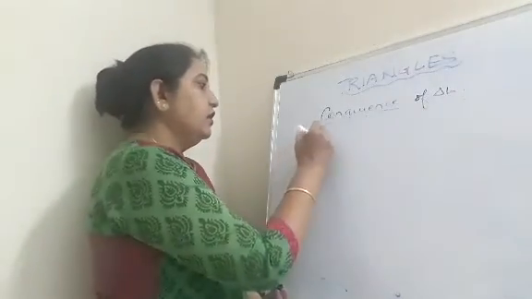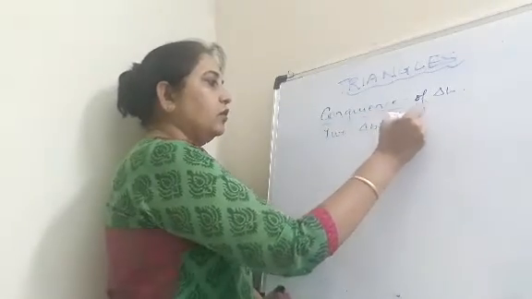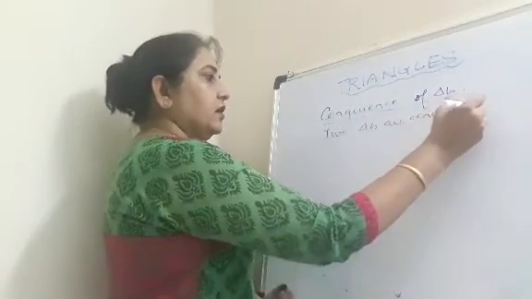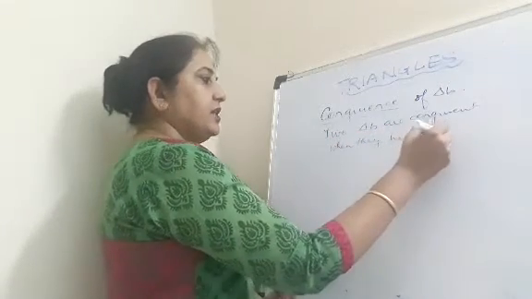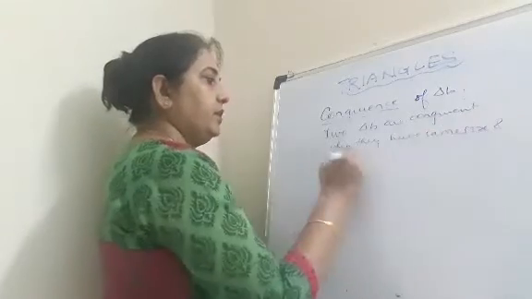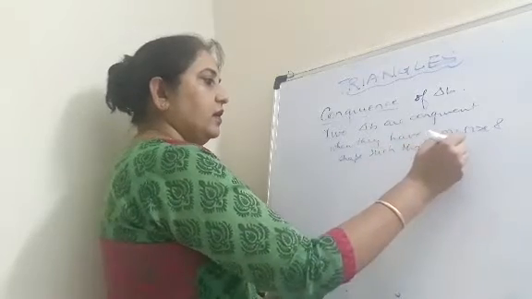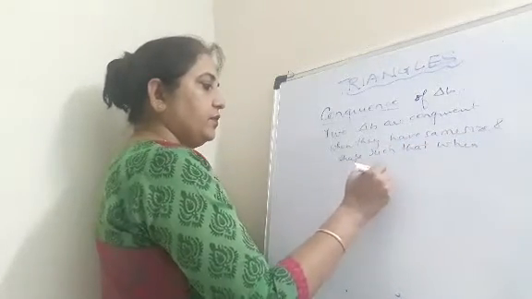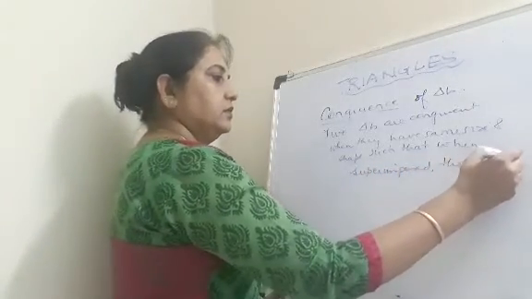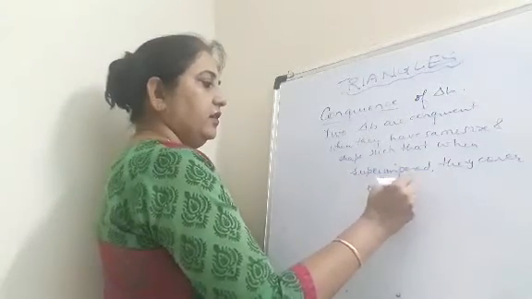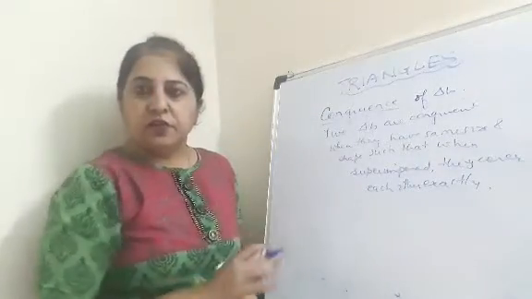So we can write the definition: two triangles are congruent when they have same size and shape, such that when superimposed they cover each other exactly. This is the definition of congruence which you can write in your notebook.